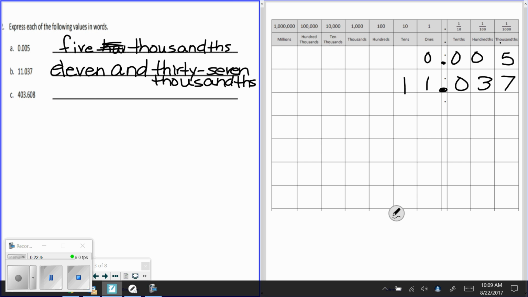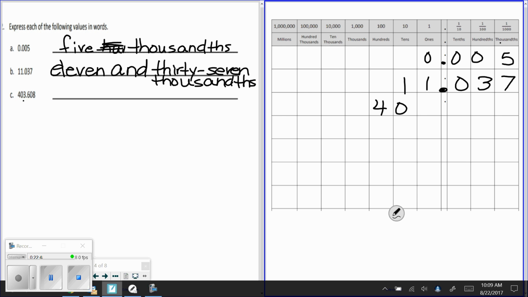Then right there in front of the decimal, 403, decimal, 608. So how do I write what's in front of the decimal? 403. You have to be really careful because you don't want to say 403 and. See what I'm saying?